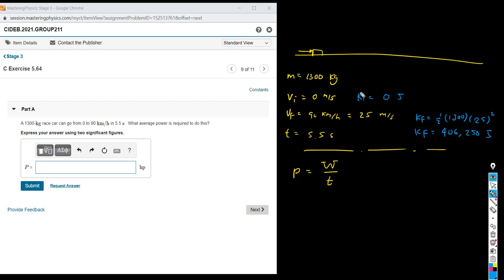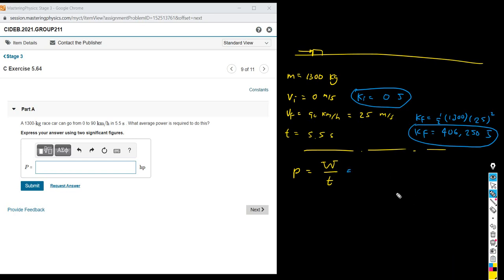So the car will go from this initial kinetic energy to this final kinetic energy by the application of some work. And since work is the same as energy, in order to make the car go from this initial kinetic energy to this final kinetic energy, you need to apply the same work, the same amount of joules as work.